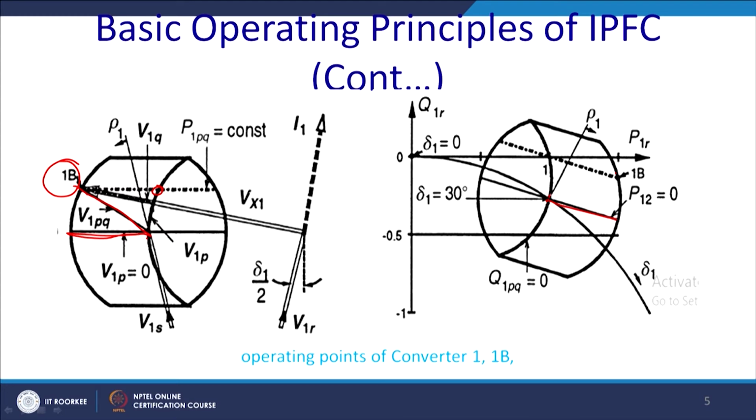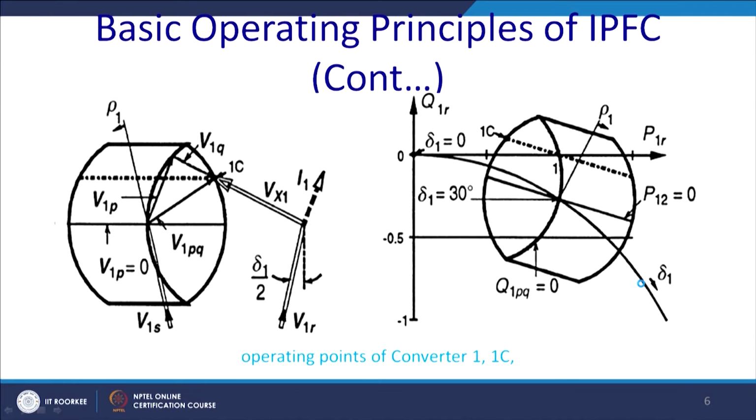So, this point, which was originally the uncompensated line operating here, has been shifted with the voltage of PQ, and you can see the amount of real power exchanged between these 2 points, and the same way this is the line delta.